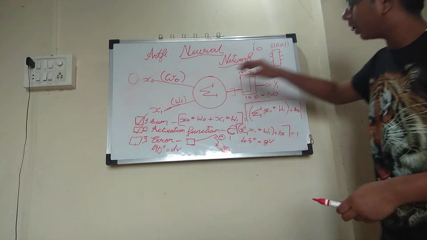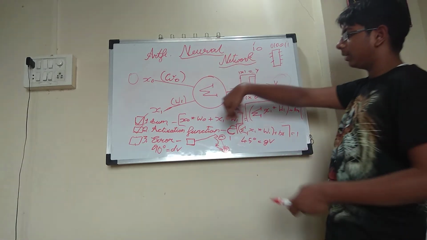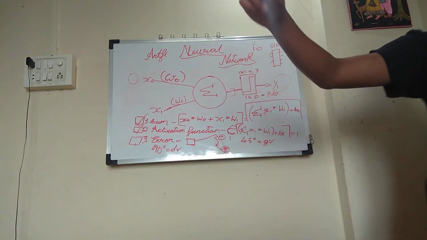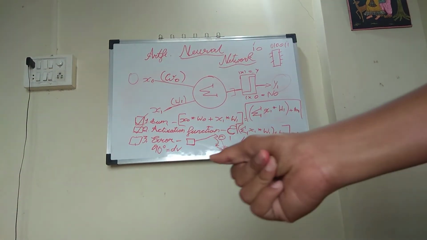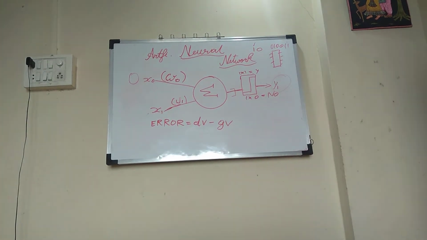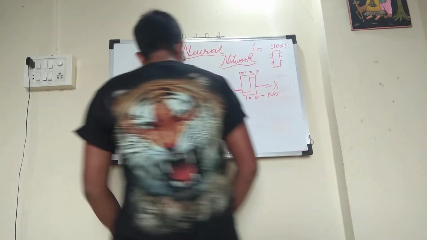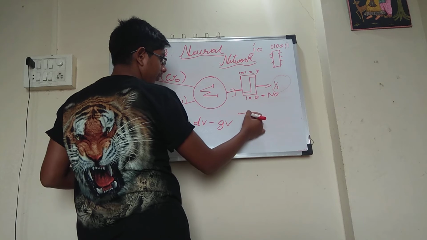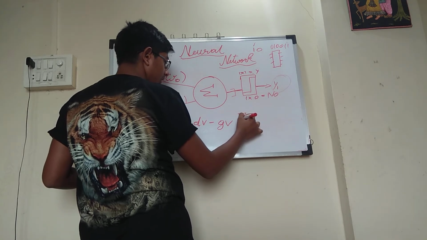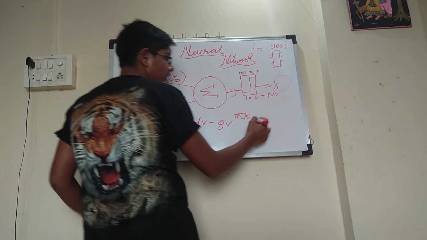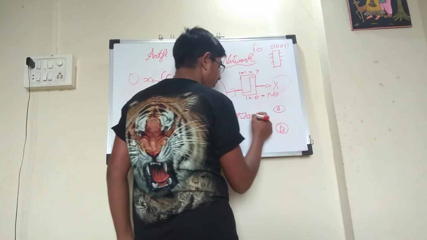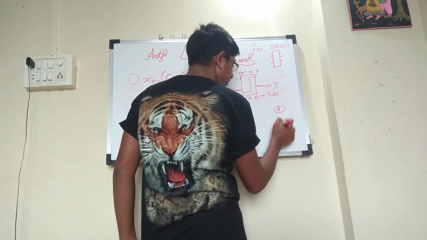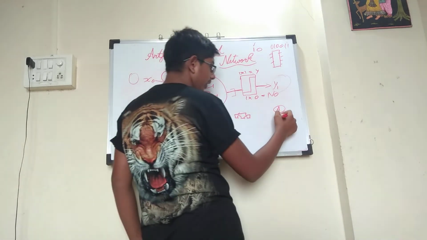Now let me show you how this error works. Let me just clean up the board. So we have a car, point A, point B. My desired value is to go from here to here, which is 90 degrees.